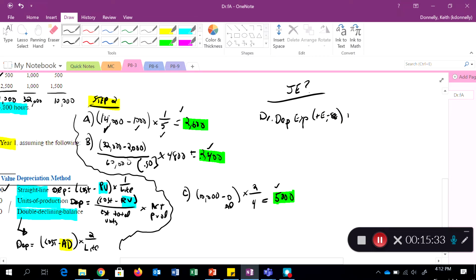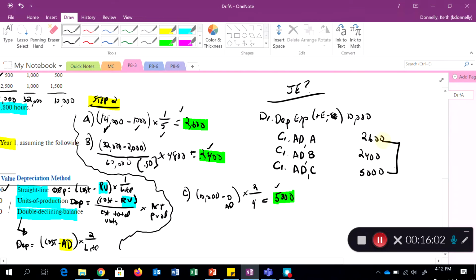For 10,000. Then we would credit accumulated depreciation for machine A, credit accumulated depreciation for machine B, and credit accumulated depreciation for machine C. Those would be respectively 2,600, 2,400, and 5,000.